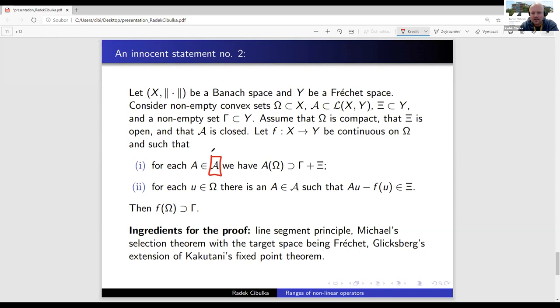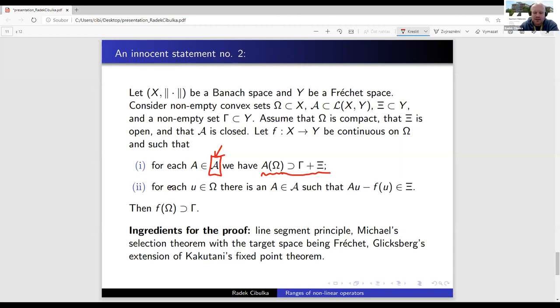And the difference is that you have a bunch of candidates which approximate your mappings, and all of them have to satisfy this bigger inclusion.